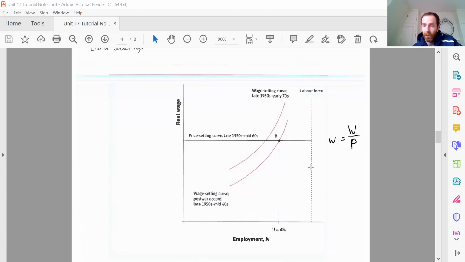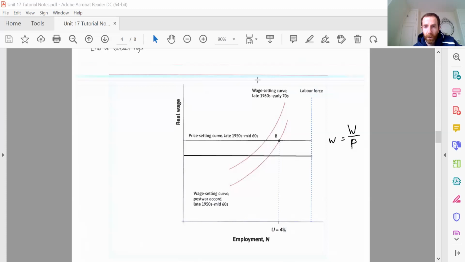If the price of oil goes up, and that's a big input to lots and lots of firms, then what are they going to have to do in response? Well, to maintain the same markup, and we're imagining they can do that because maybe the demand for their products hasn't changed, increased costs of production for them will just get passed on into increased prices for the goods that they're selling. And so the price level goes up. And if the nominal wage doesn't rise, then that is going to push the real wage down.